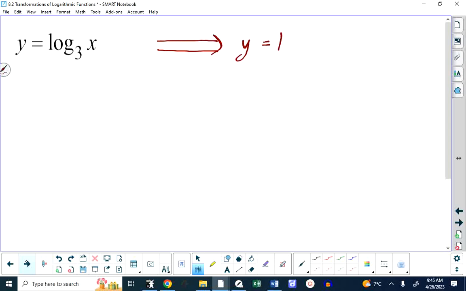We are after log base 3 of x plus 9, plus 2. So everybody should know that the function on the left of the screen simply needs to be translated 9 units to the left and 2 units up.